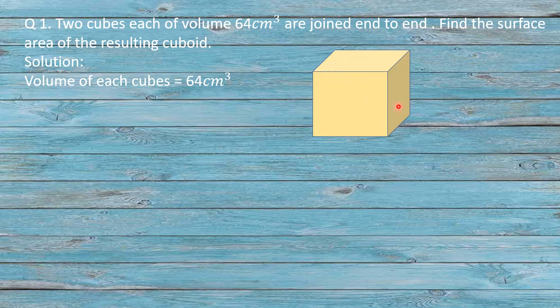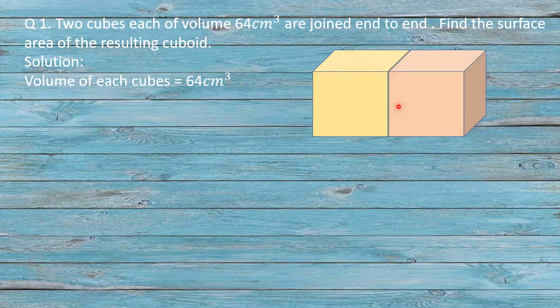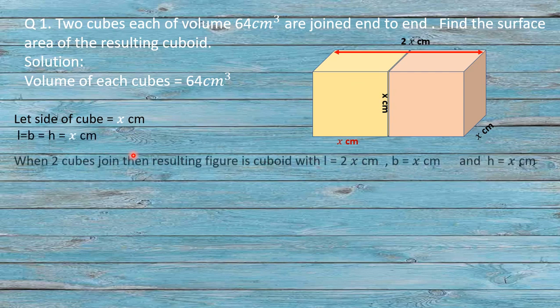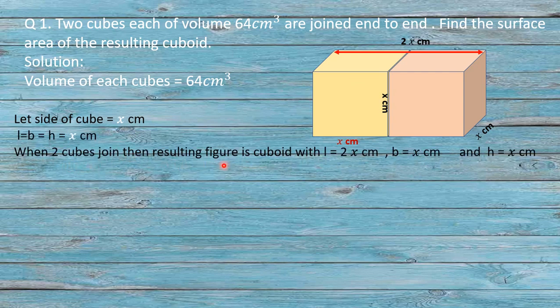When one more cube is joined with this cube, we get a combined figure, a cuboid, whose length is more, that is x plus x, 2x. The side of the cube is x, so when two cubes are joined, the length is 2x, and breadth and height are x.